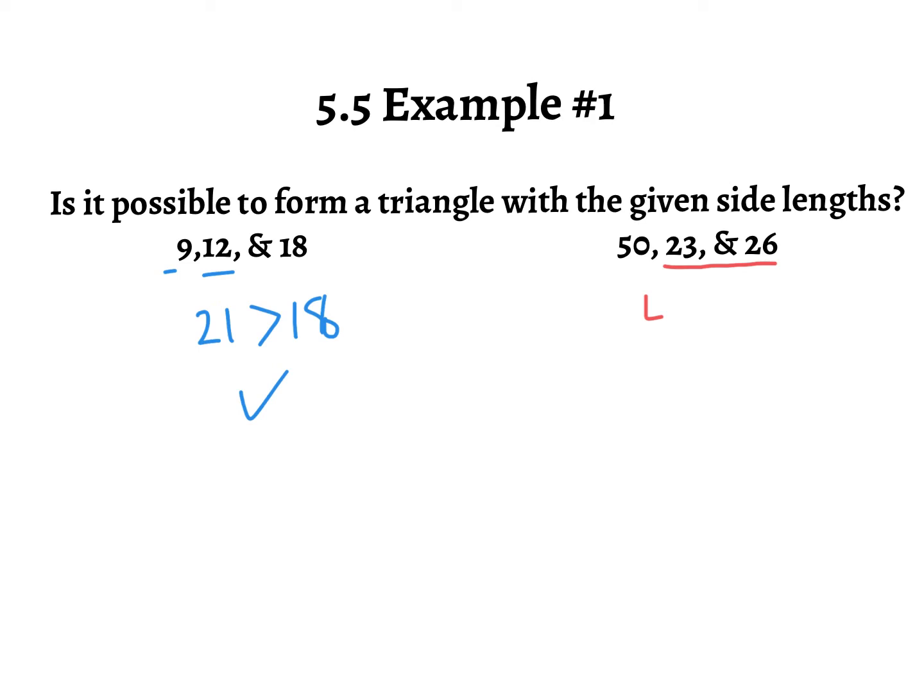Right? 49 is not greater than 50. So this would not work as a triangle. So as long as the two smaller ones add up to be greater than the other one, it should create a triangle.